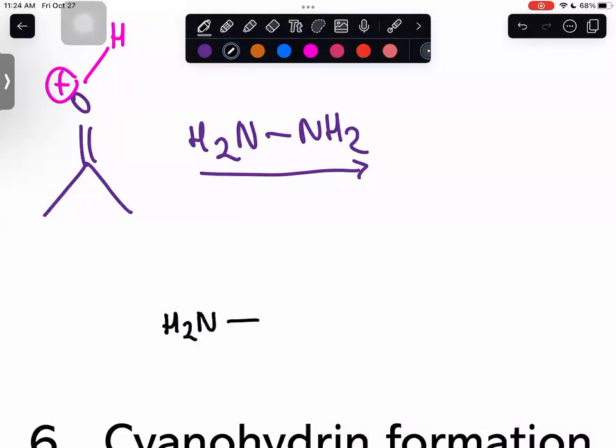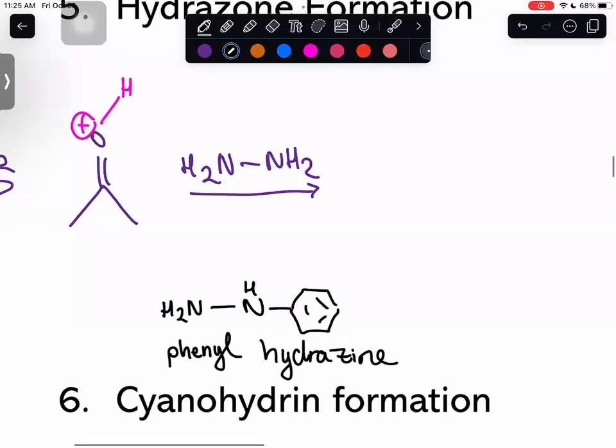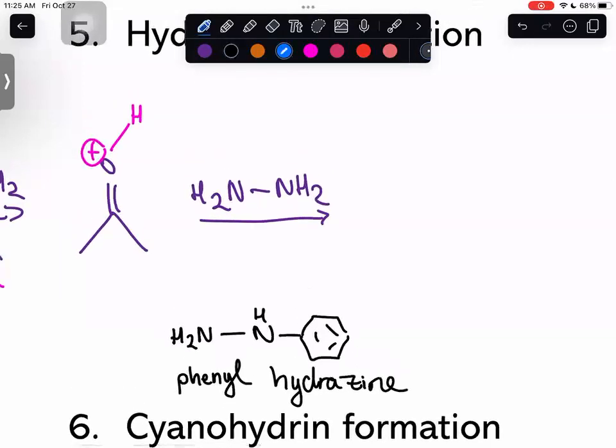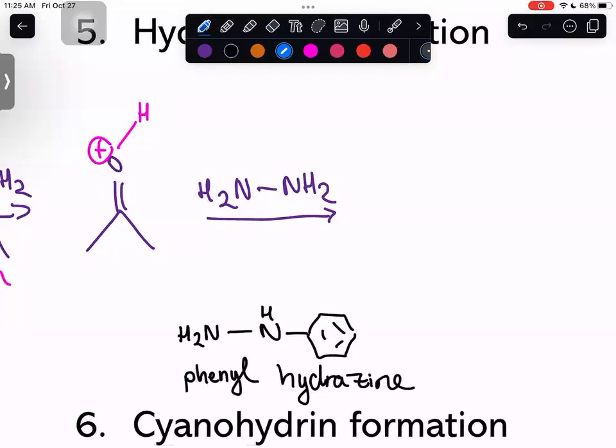Let me draw it up. Okay. So this guy is just your phenyl hydrazine. Okay, now, in this case, we have a simple hydrazine, so it doesn't matter which one I choose.